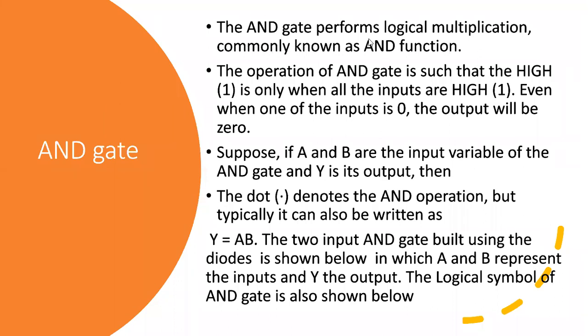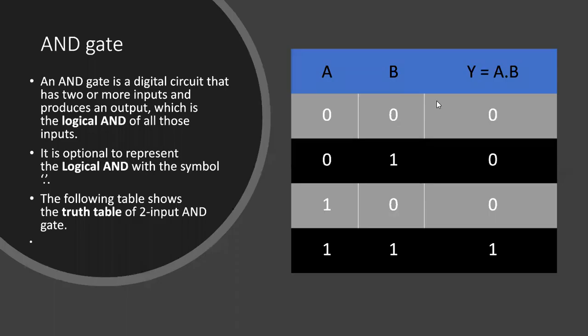The AND gate performs the logical multiplication, commonly known as the AND function. The operation of the AND gate is such that the output is high only when all the inputs are high. Only if all the inputs are high will it produce a high output. In all remaining cases, it will produce zero output, that means low output.